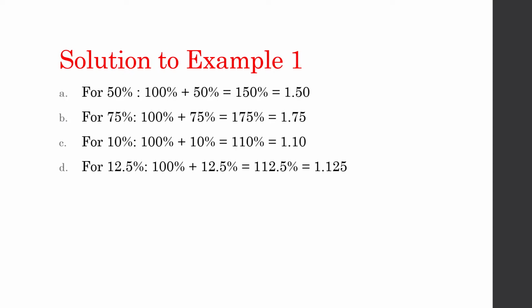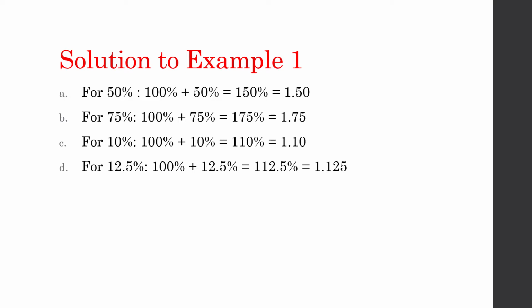So for 50%, 100% plus 50% is equal to 150%. So in decimal form, that is 1.50. For 75%, 100% plus 75% is equal to 175%. In decimal form, that is 1.75.